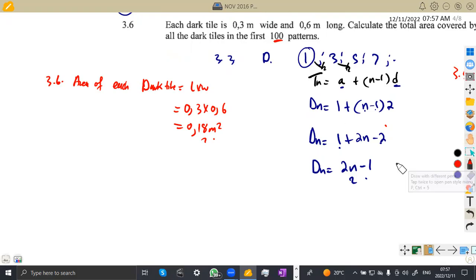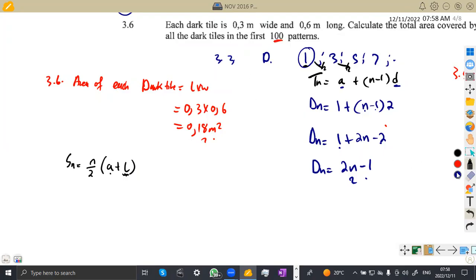For you to find the total, we've got this sum of terms that you can use with this formula. The sum of terms is equivalent to n over 2 times (a plus l), where a is the first term and l is the last term. The first term, that's a 1. The last term is the one that corresponds to the 100 patterns.